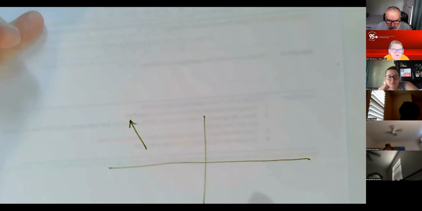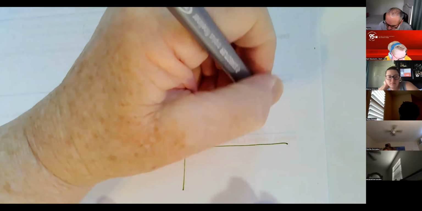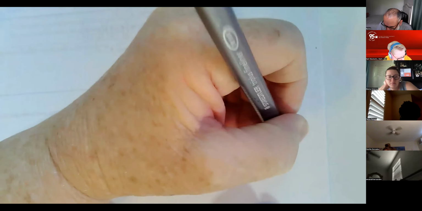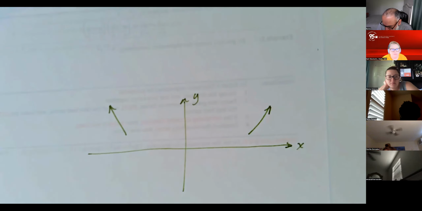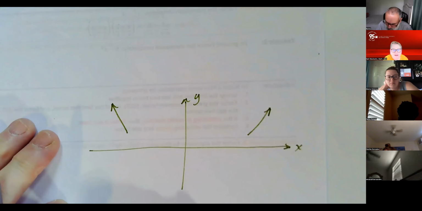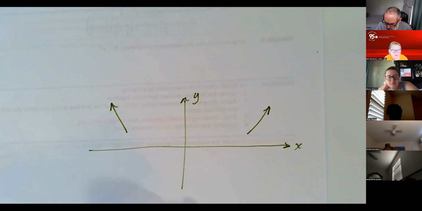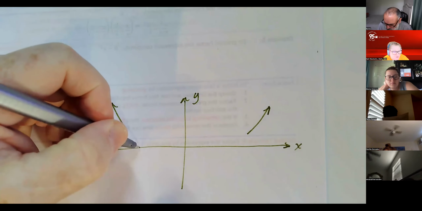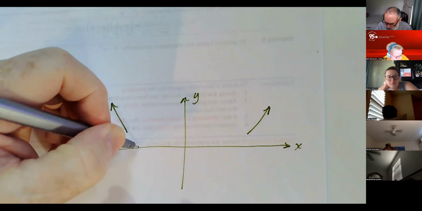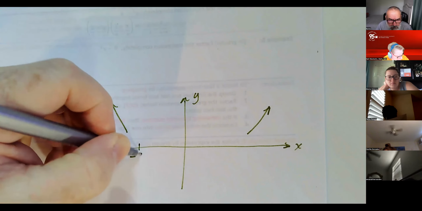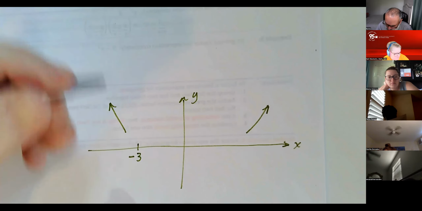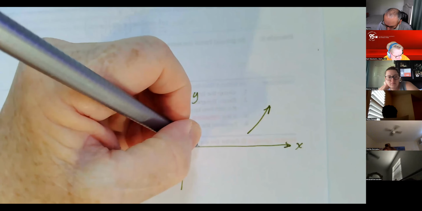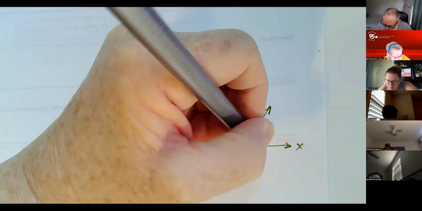So we have our overall behavior: up to the left and up to the right. We have zeros, which are like x-intercepts, but we're not including the 0 at -3. Is it +1 and +5? Yes.